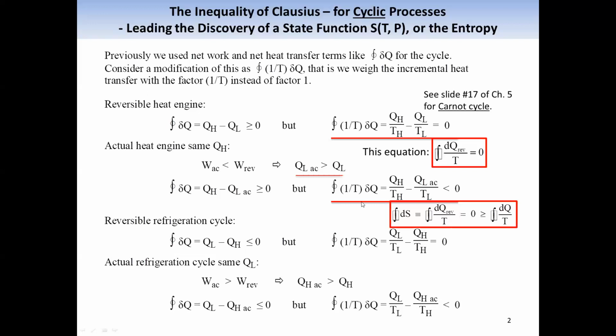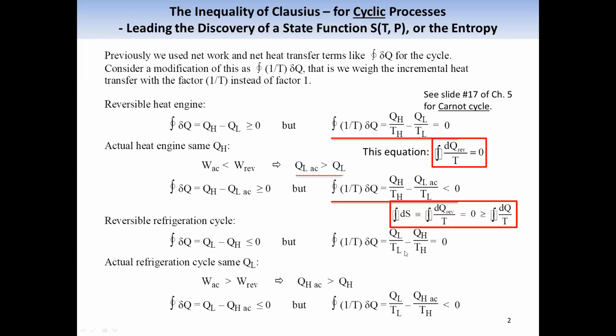Similarly, similar to the heat engine, integral of dq over T yields two terms because the two adiabatic processes don't contribute to heat transfer. Only the two isothermal processes contribute to these two terms.